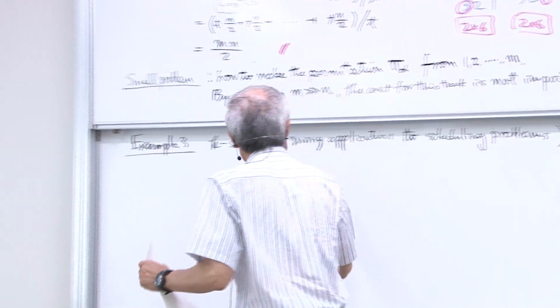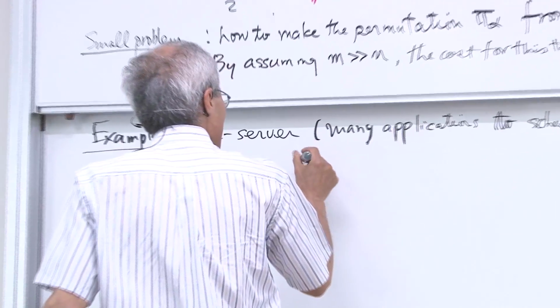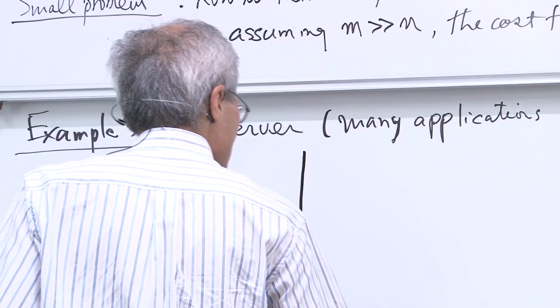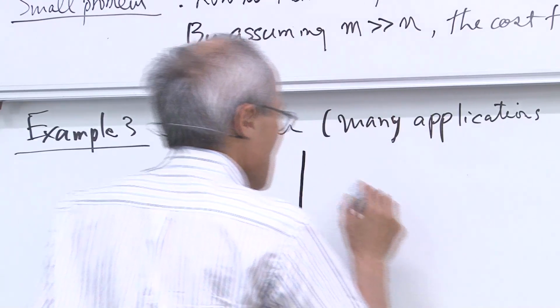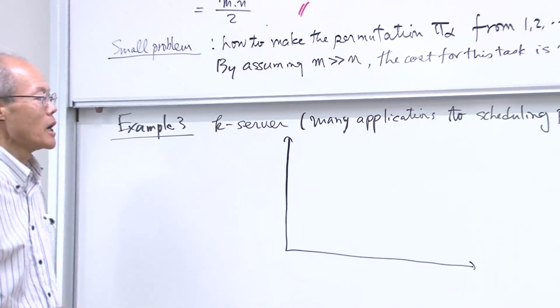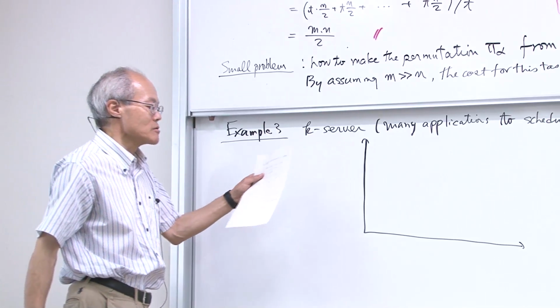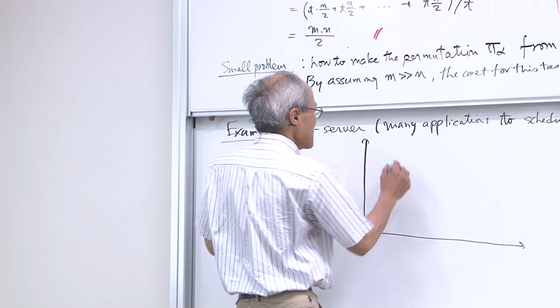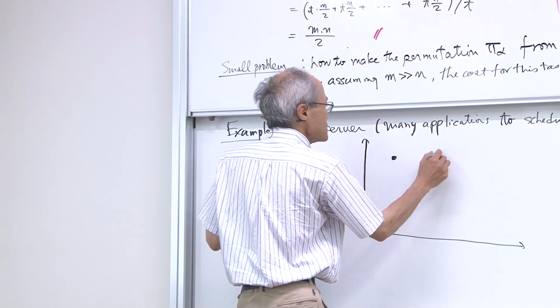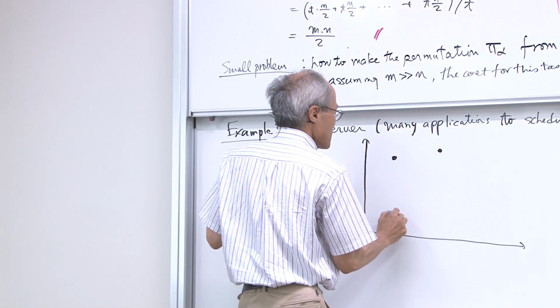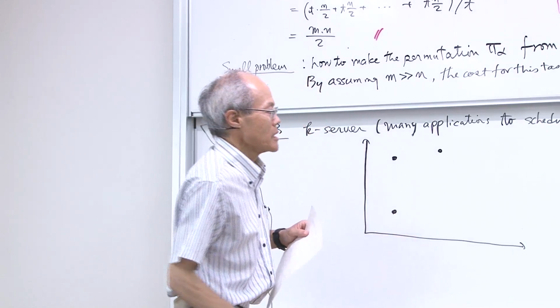The problem is a game played over a two-dimensional Euclid plane. So we have K servers, 1, 2, 3. K equals 3.